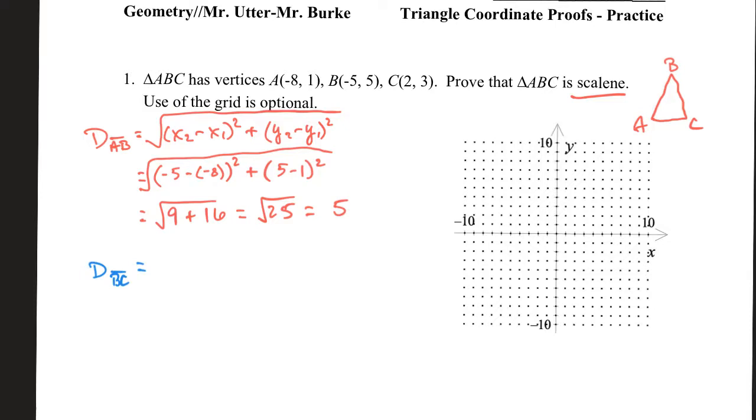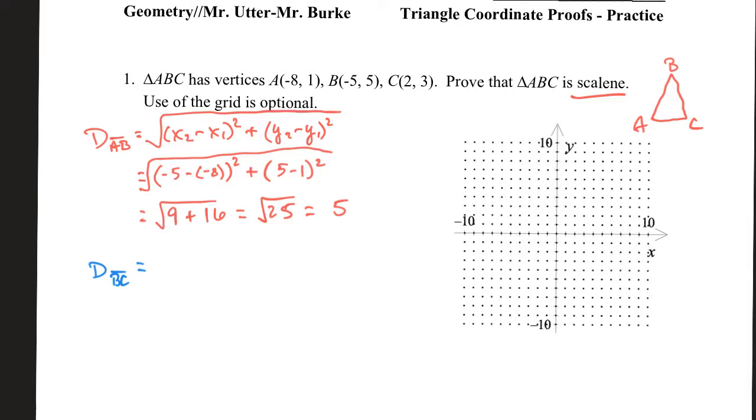If you have different colors, yes, I could have written it in red and then blue, and for the third one I could do green. So if you have your own colors and it works for you, and it's not going to be too cluttered, go right on ahead and label it with the different colors.